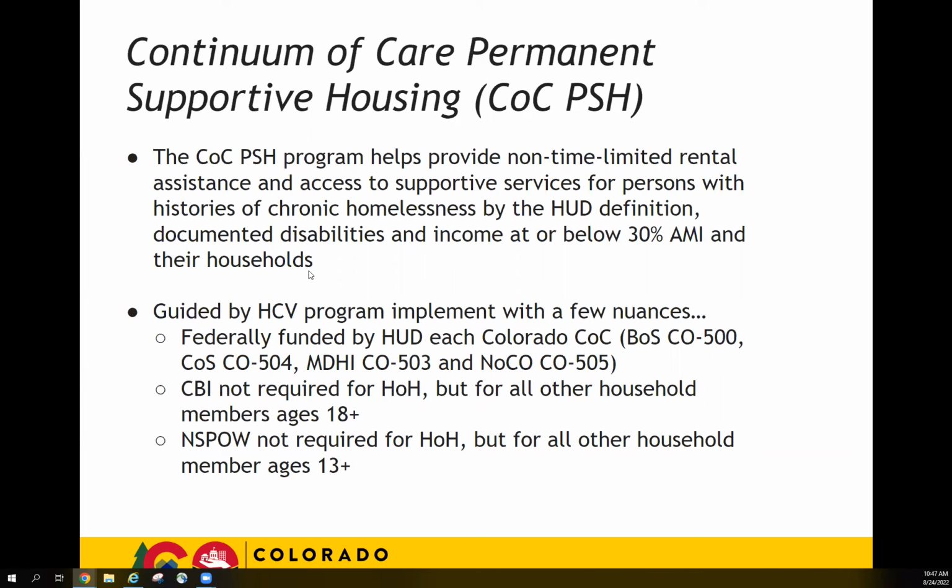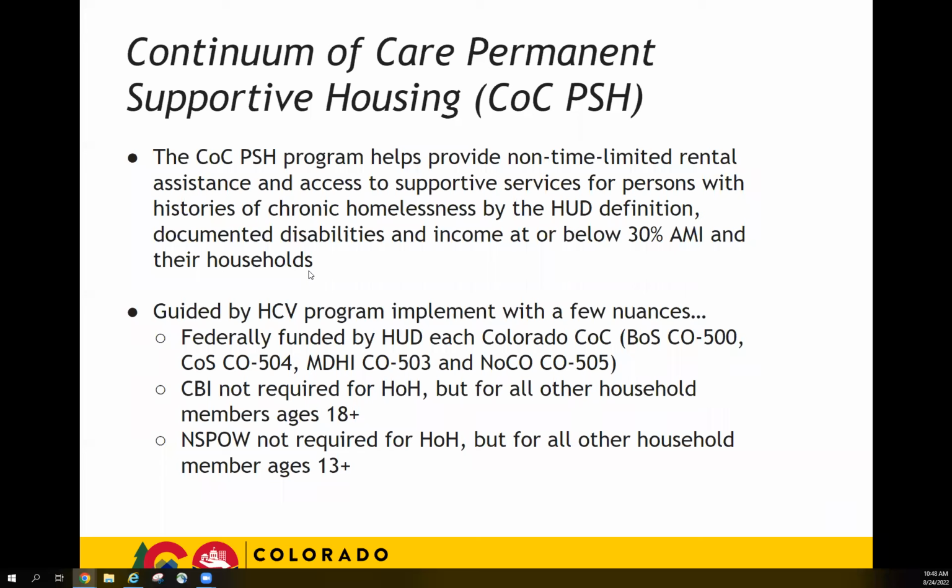So yes, the Continuum of Care Permanent Supportive Housing Program, which has been my baby for the past 3 years since I've been with the state, is a federally funded HUD program. And oftentimes does follow the HCV program implementation with a few nuances that are specific to the COC-PSH program.